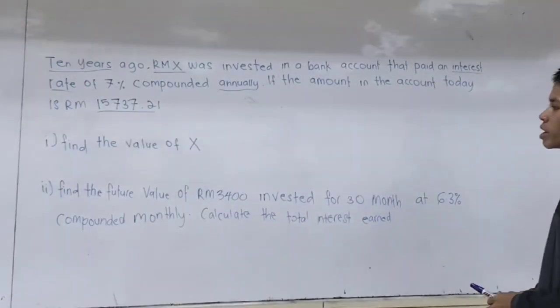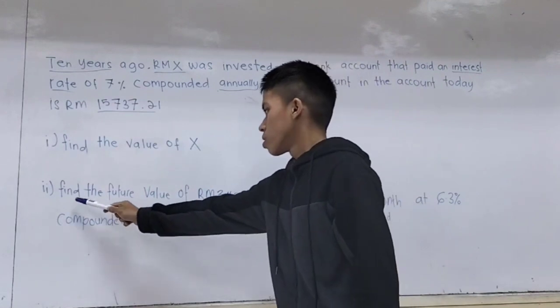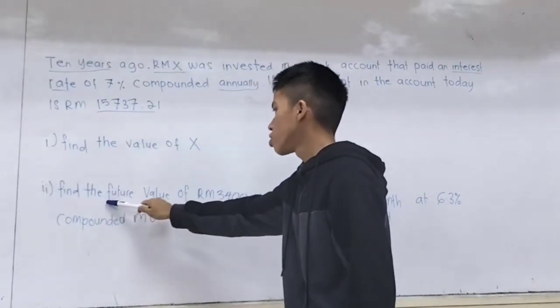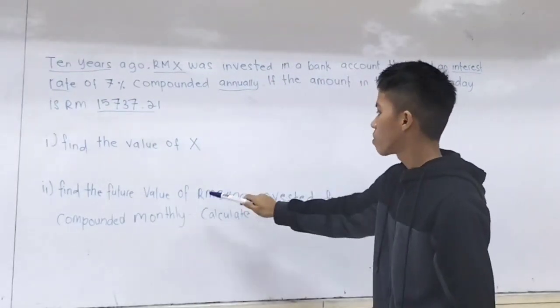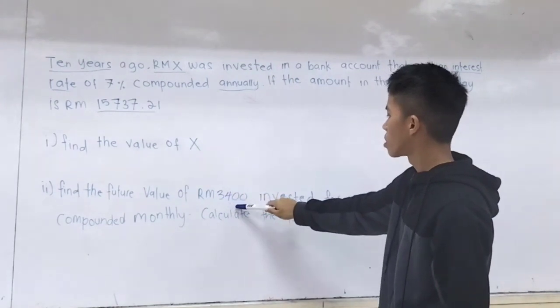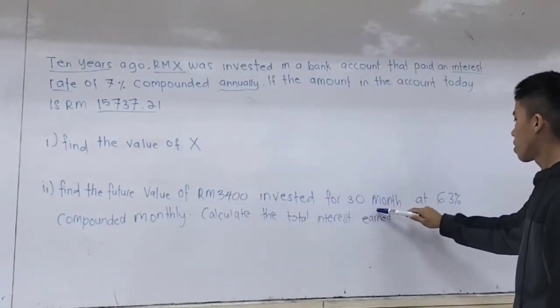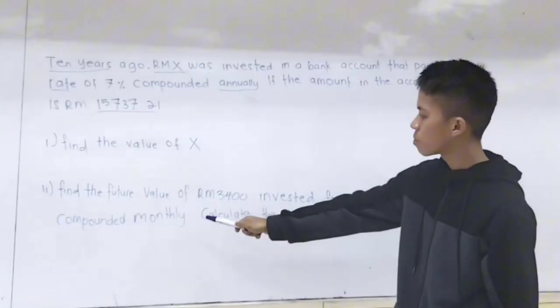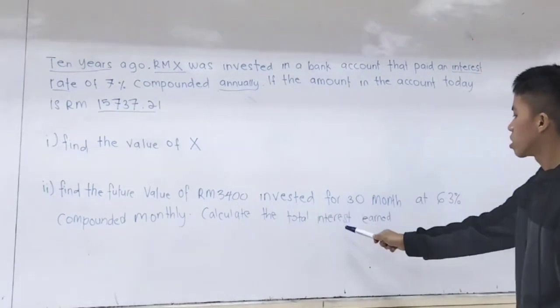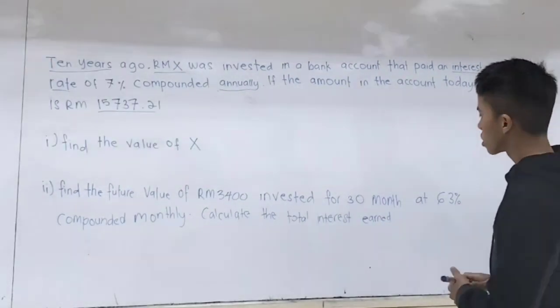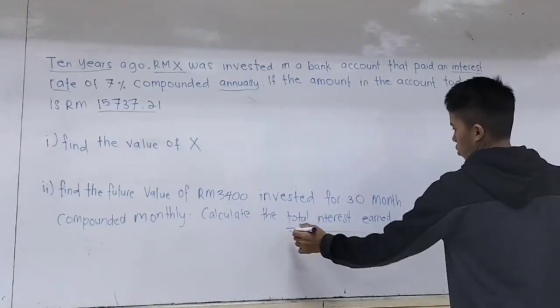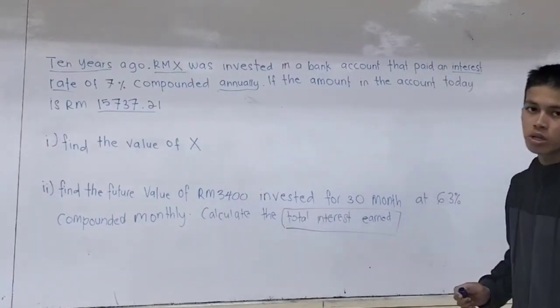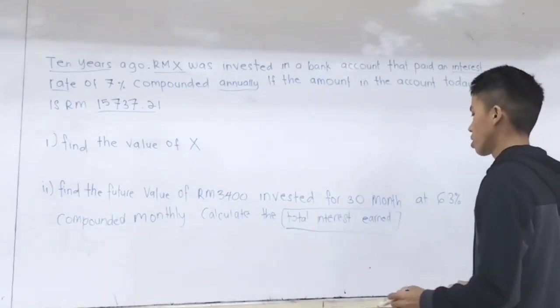So we will go to the next question. The question is, find the future value of RM3400 invested for 30 months at 6.3% compounded monthly. Calculate the total interest. For this question, we will use the next formula.